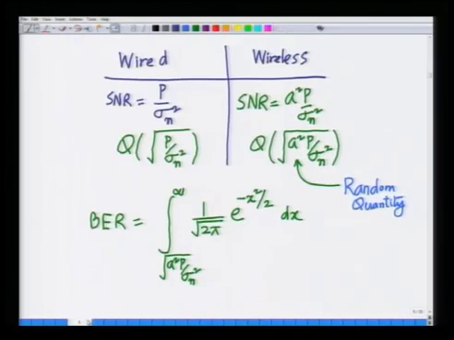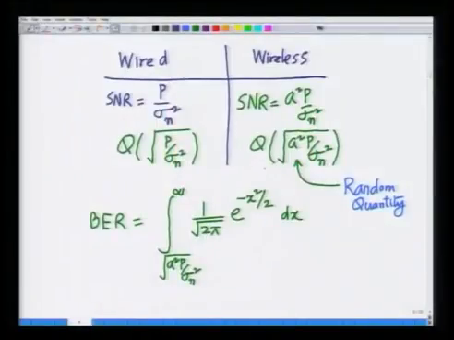We also said that the bit error rate for an SNR of a square p over sigma n squared is Q of square root of a square p over sigma n squared. This is similar to what we had derived in the wired communication system. However, this a is a random quantity. So, I cannot give a bit error rate expression in terms of a, because it is random.